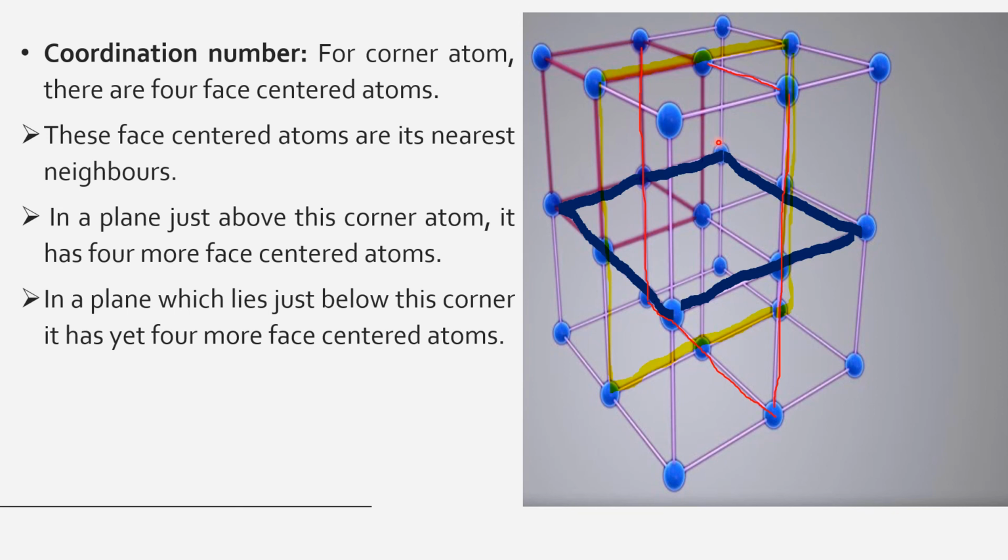Also in this horizontal plane, this corner atom will touch the 4 face-centered atoms of these unit cells. So in total there are 12 neighbors for this corner atom. So the coordination number is 12 for an FCC unit cell.